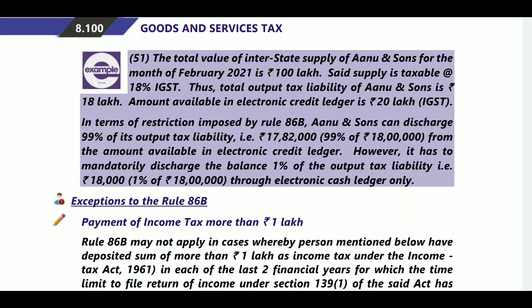In terms of the restrictions imposed by rule 86B, Owners and Sons can discharge 99% of its output tax liability of 18 lakhs. That 99% amount is calculated as 17 lakh 82,000, which will be utilized from the credit ledger, and the remaining amount, 18,000, you must pay through the electronic cash ledger only.